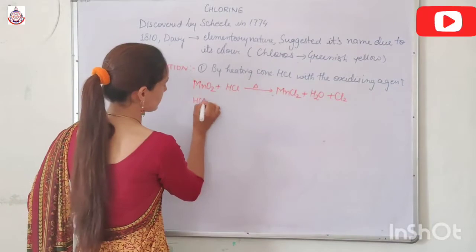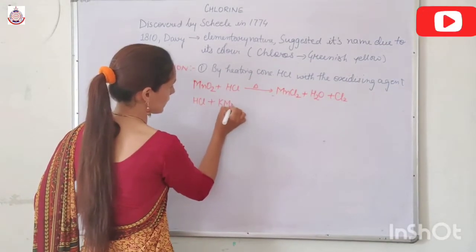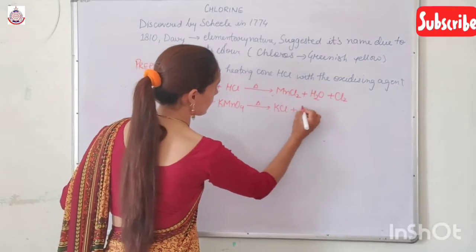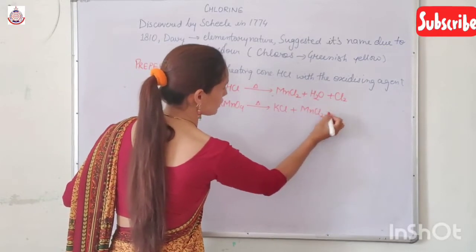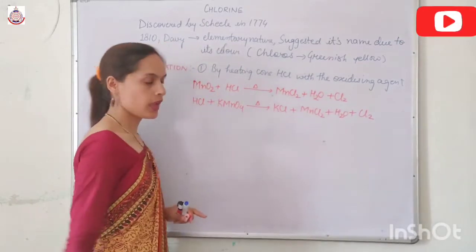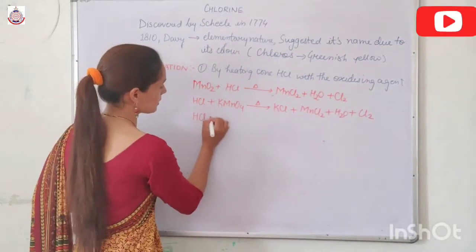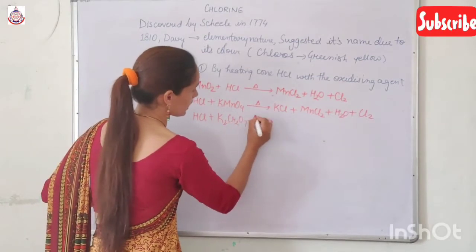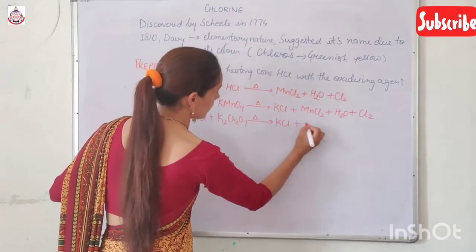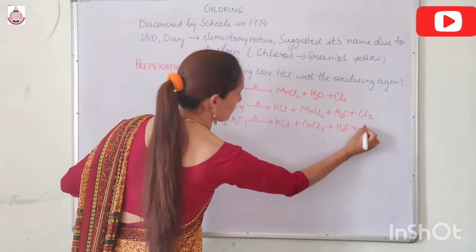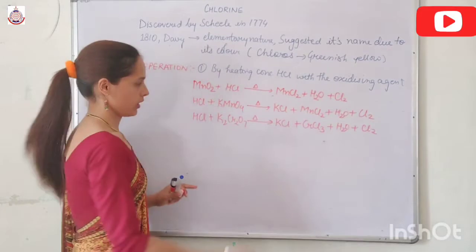Similarly, when HCl reacts with KMnO4 on heating, it gives KCl plus MnCl2 plus H2O plus Cl2. Similarly, when HCl reacts with K2Cr2O7 on heating, it gives KCl plus CrCl3 plus H2O plus Cl2.